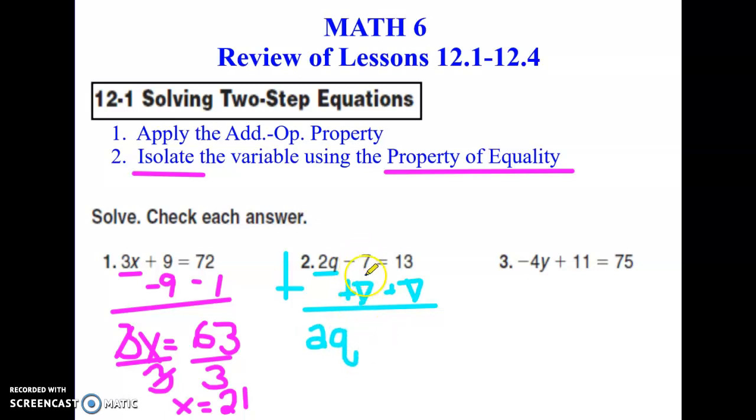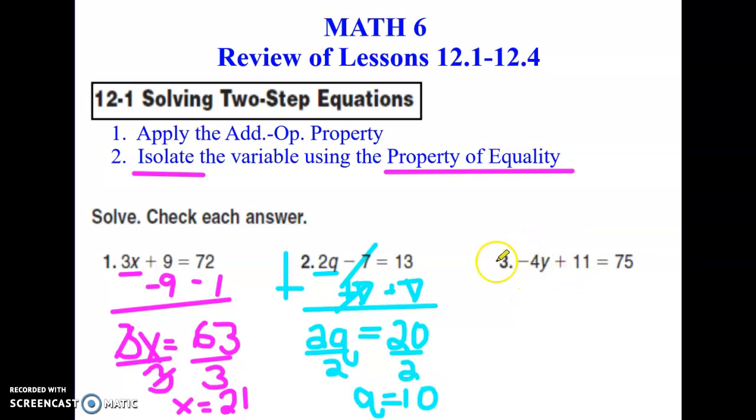Here we have negative 7 and 7. Those are opposites, so they become 0. 13 plus 7 is going to give me 20. And now to undo multiplying by 2, I'm going to divide by 2 on both sides. And so my q is equal to 10.